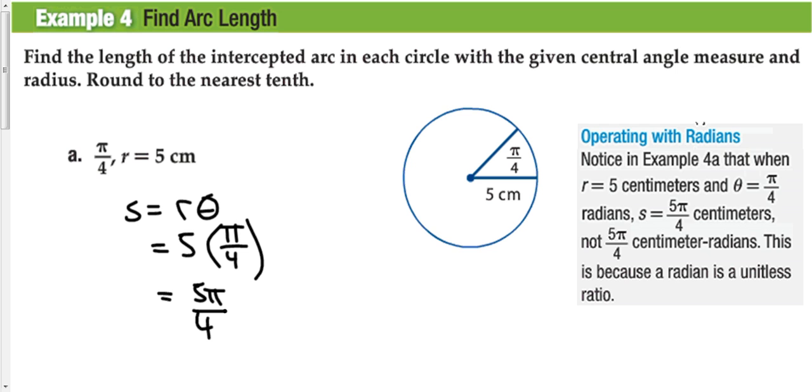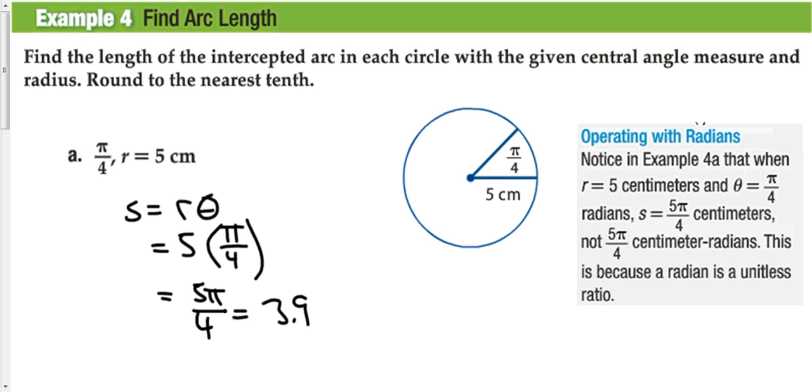Now, when we're talking about a circle like this, it's okay to just leave it in terms of pi. But if we actually want to see how big this is, we could work this out. When we work it out, we get that it's about 3.9.